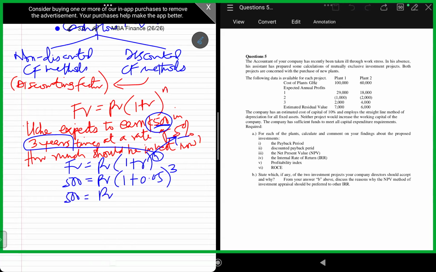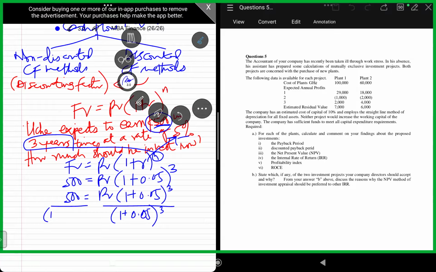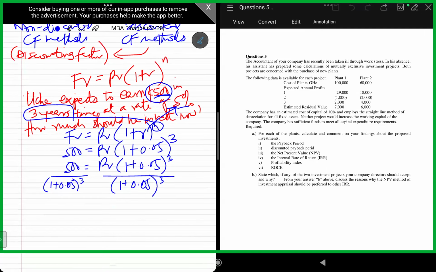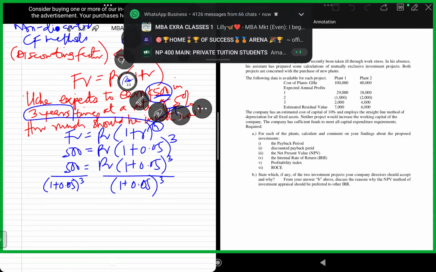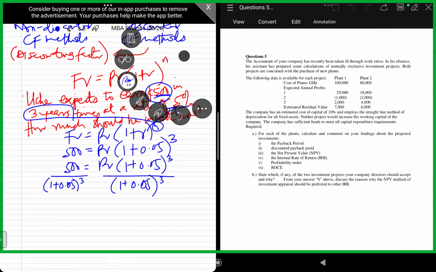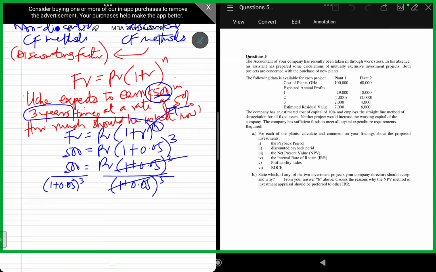It should be PV equals 500 over 1 plus 0.05 exponent 3, and the bracket cancels.